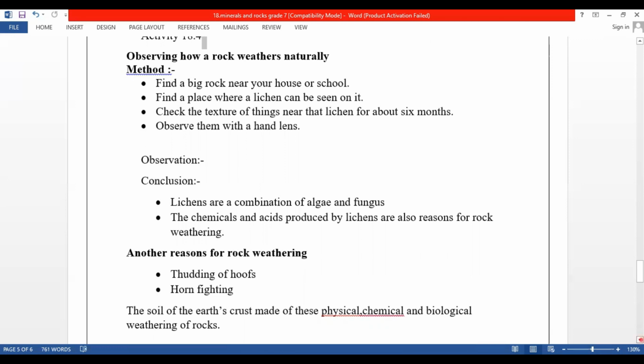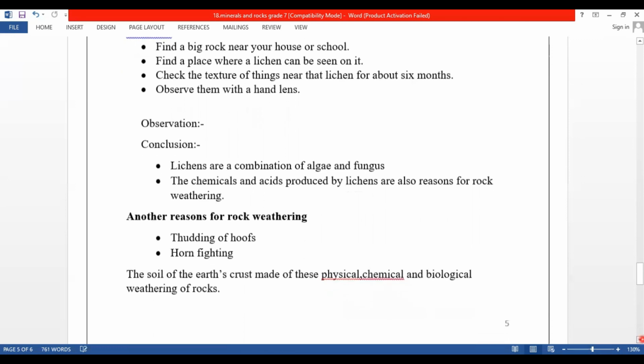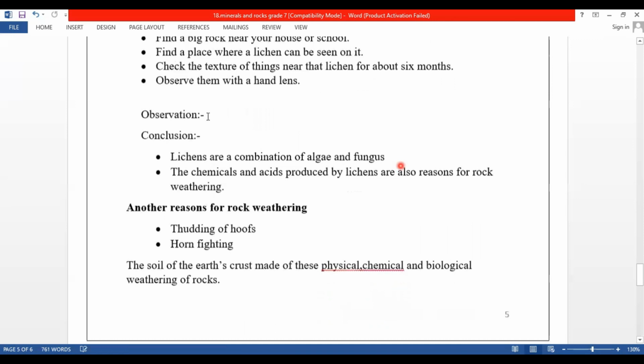Then the observation, I'm going to write here: the substances tested have small rock particles. The conclusion is the rock is weathered.